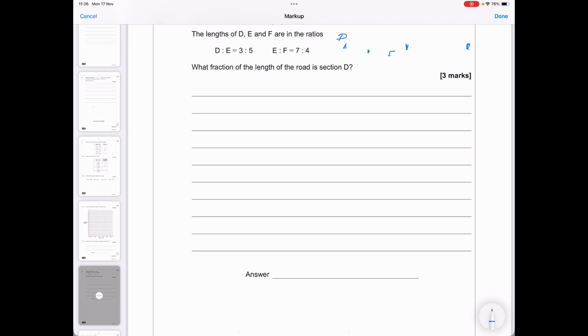So that's D, E, F, and that's 3 to 5 there. So that means that's 3 out of 8, and that's 5 out of 8 to get from D to E. And then E to F is 11, so that's 7 elevenths, and that's 4 elevenths. There we go. What fraction of the length of the road is section D?